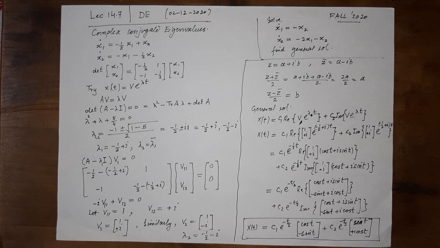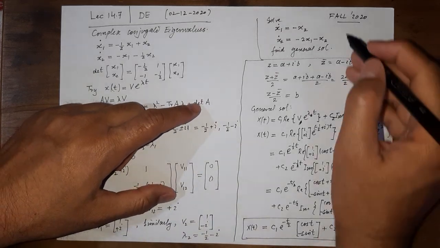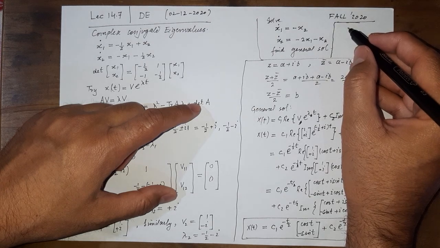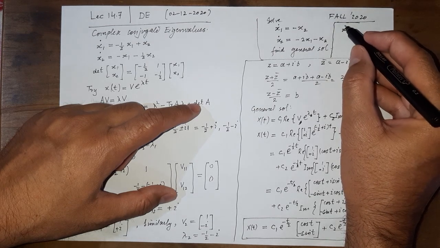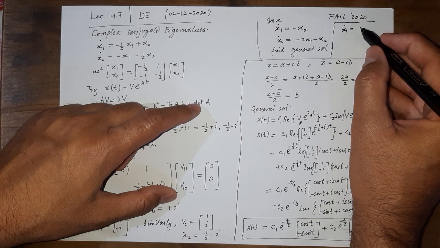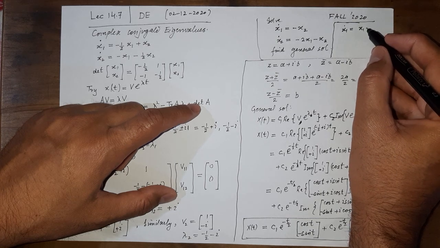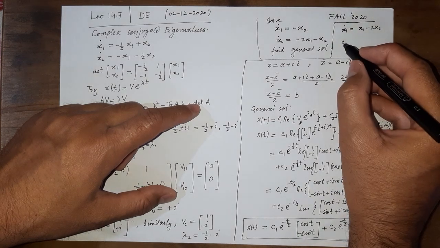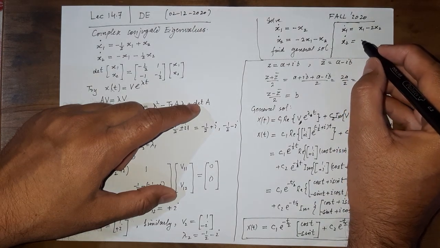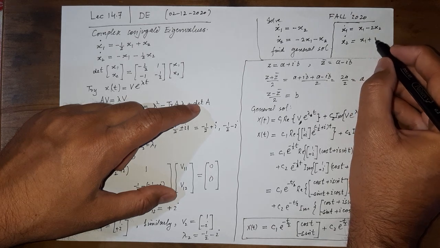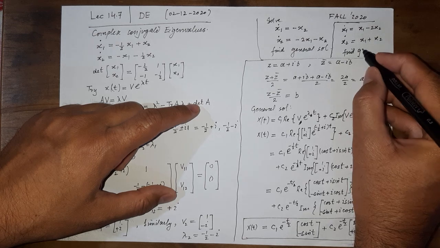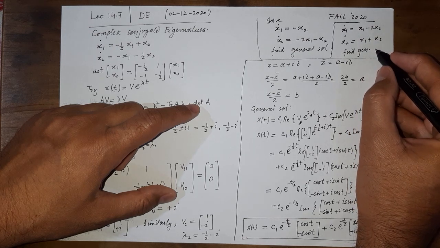And just for the sake of your practice, for this particular lecture, you can try to solve this set of linear differential equations, x1 minus 2x2, and find the form of the general solution only.